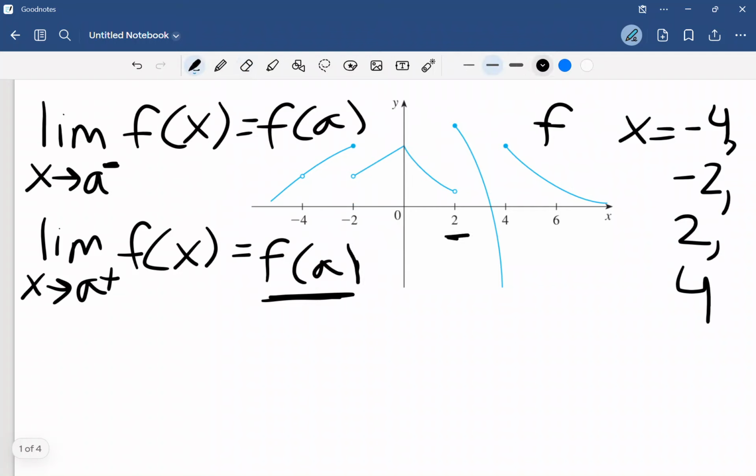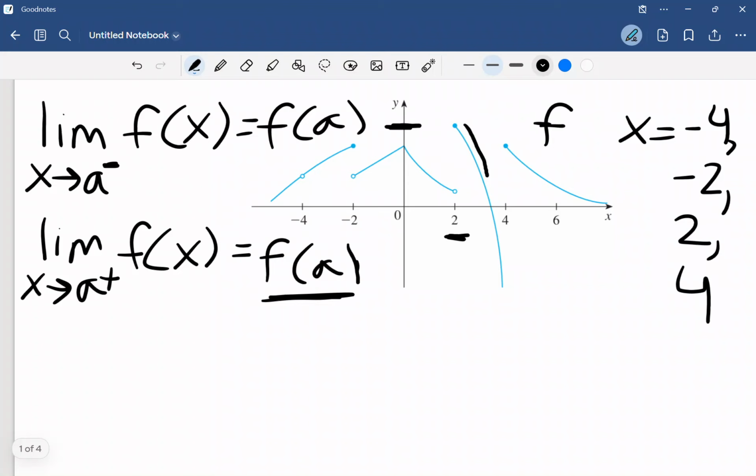Now let's look at x is equal to 2. This is another jump discontinuity. And for similar reasons that we had at x is equal to -2, we need the limit of the function from the left-hand side or the right-hand side to be equal to this value over here. But that only happens on the right-hand side.